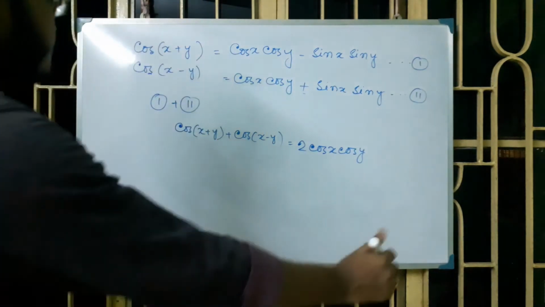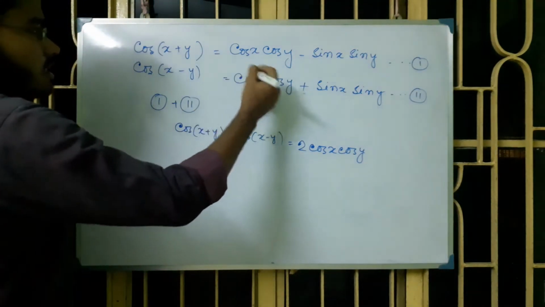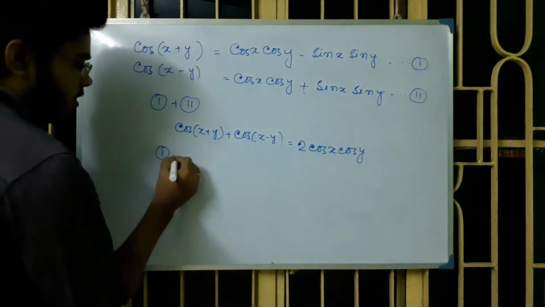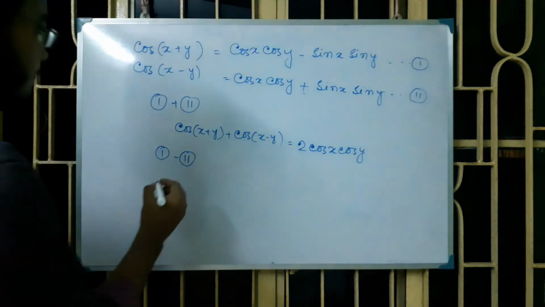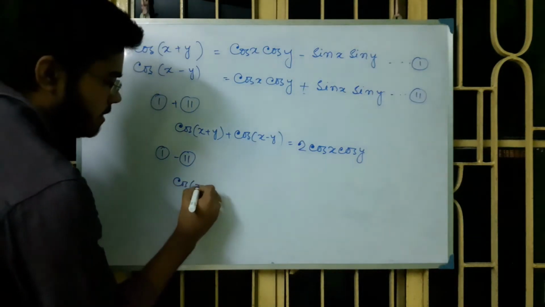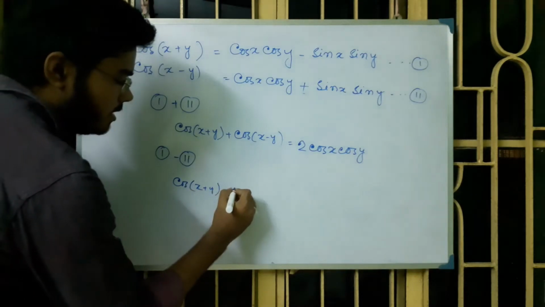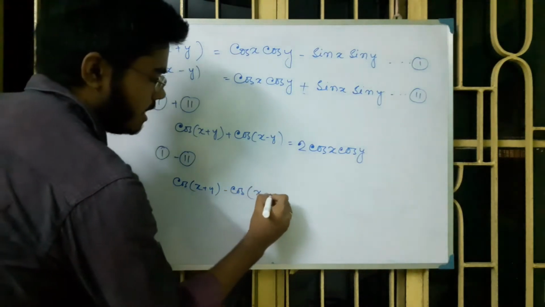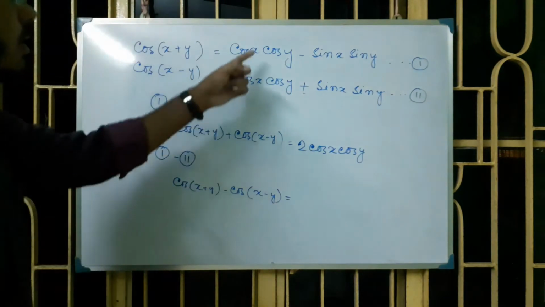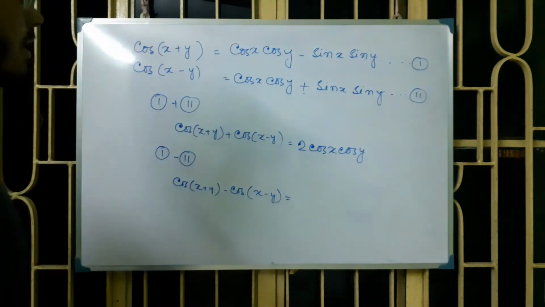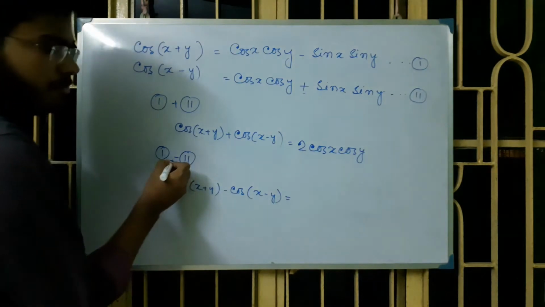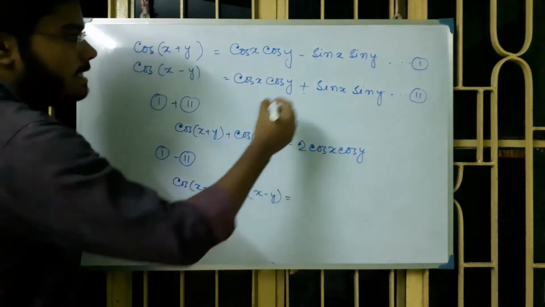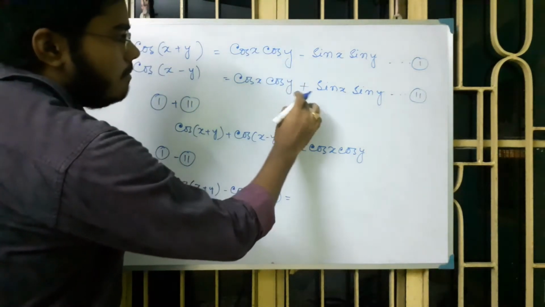Now if we subtract these two equations, cos(x+y) minus cos(x−y) equals, these two terms will get cancelled, plus and minus as we are subtracting, and this will become minus.